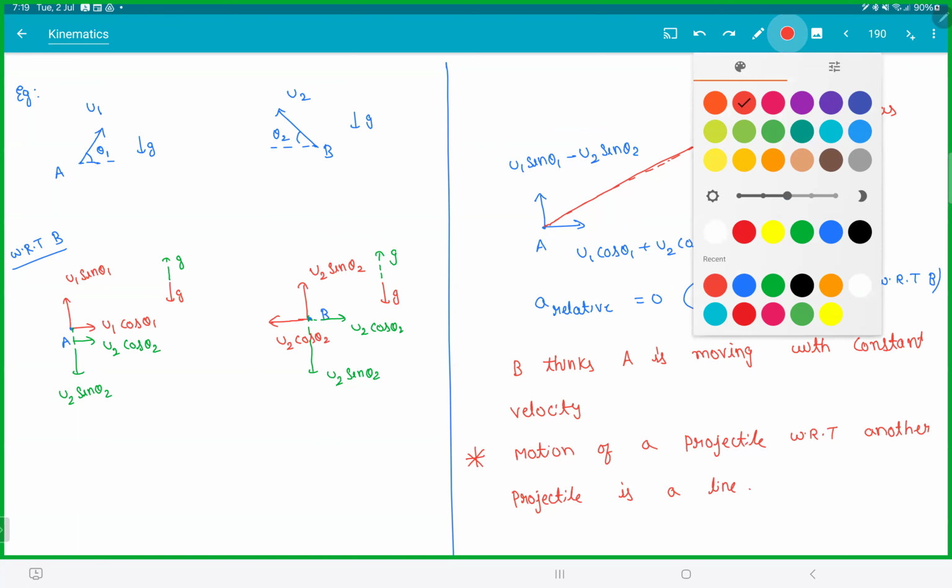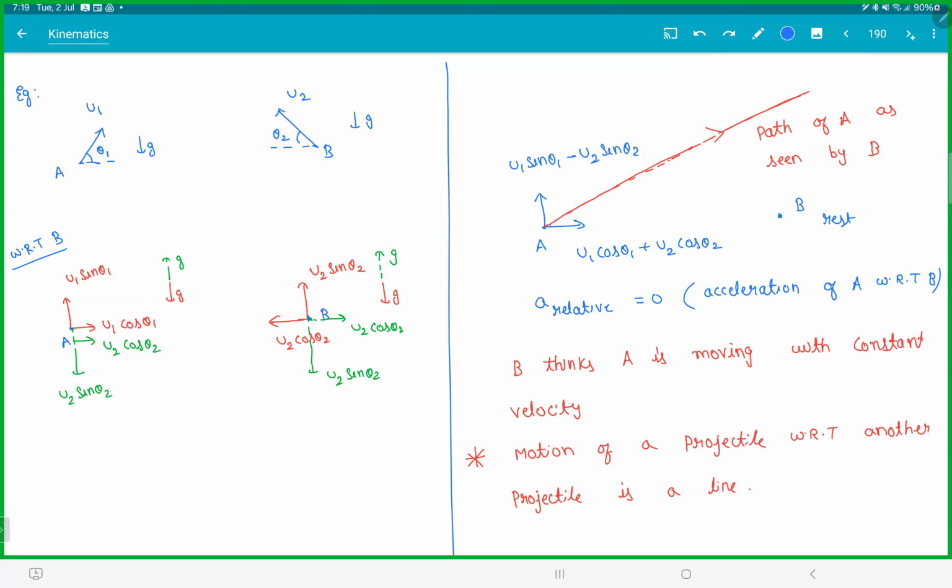You want to cancel which one? You want to cancel B, right? You want to bring B to rest, right? Yes, sir, I got it. So whom should you subtract then? You should subtract B ka velocities only. Yes, sir. So if you want to cancel U2 sin theta 2, shouldn't you subtract that with the U2 sin theta 2? I should do the same thing for everyone, right? That's what I'm saying. If you're subtracting, subtract the same thing from everyone.